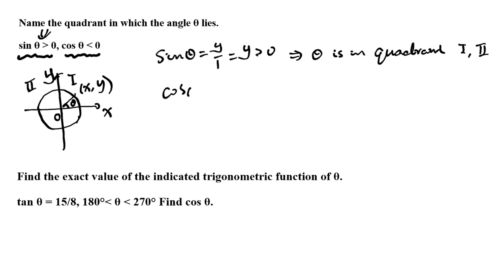Cosine theta is x over 1, or you may say x, and it is less than 0 from here. So then theta is in which quadrant?